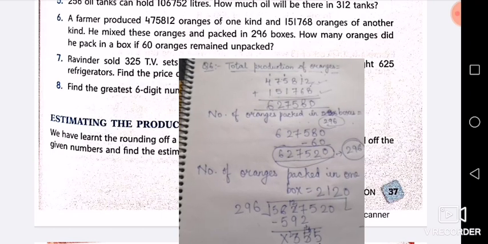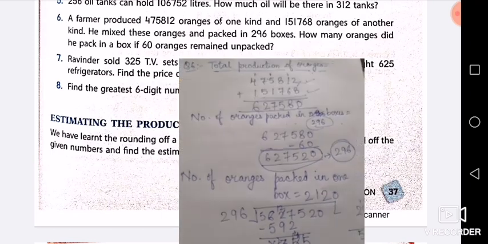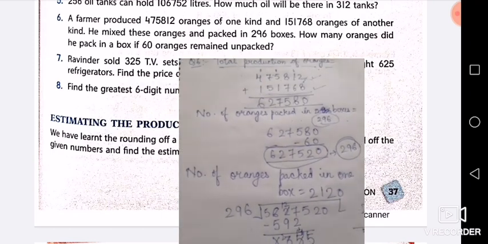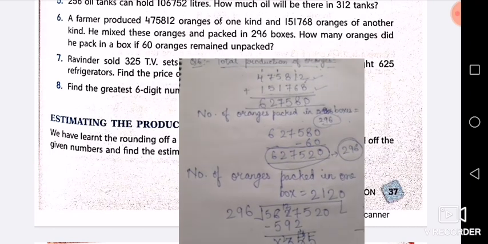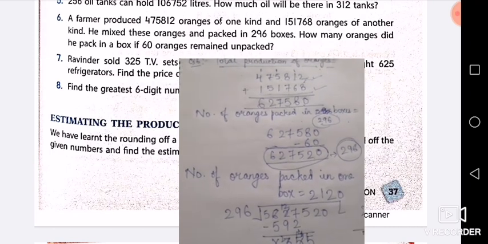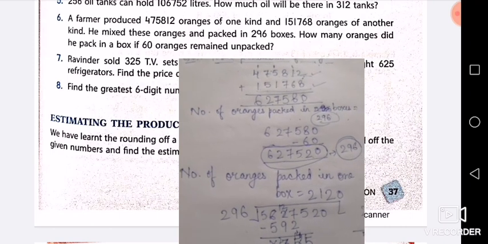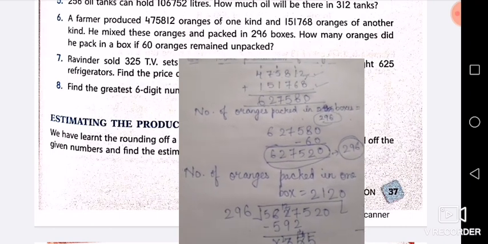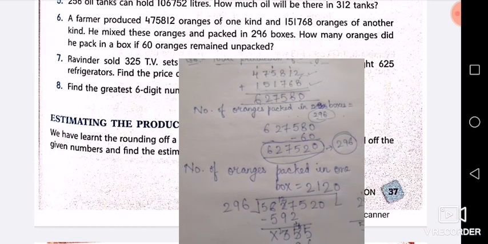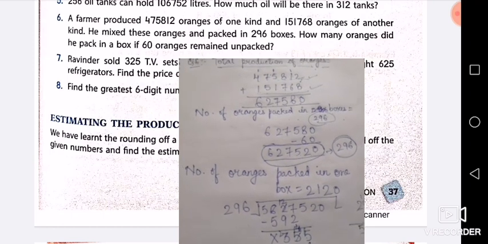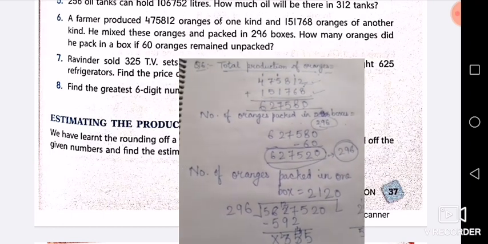As I told you in the beginning, it might be possible that in these questions you are going to use more than 2 operations also. So here in this question you have used addition, then subtraction and then division. Okay. I hope this question is clear to you all.